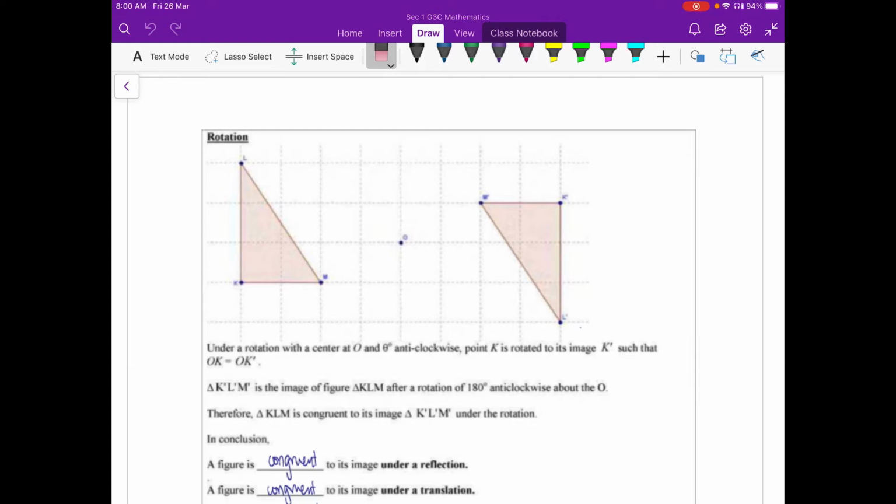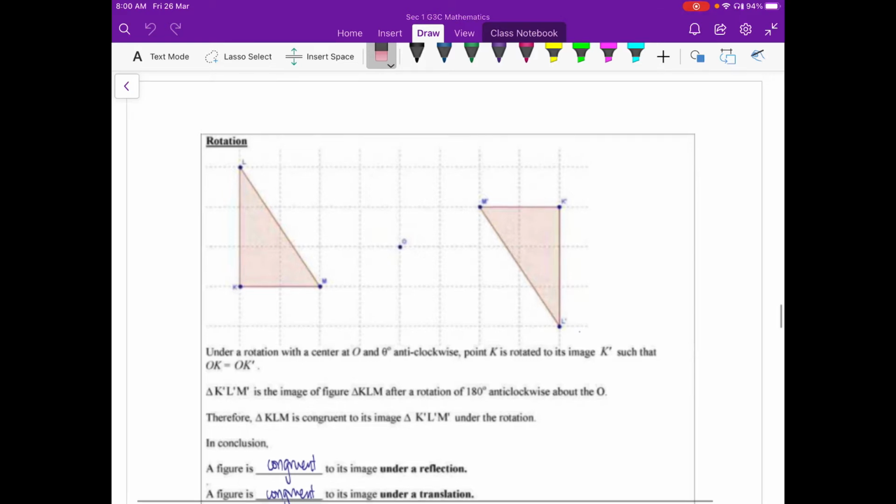So if we were to draw a line, if I'm trying to transform this point M, I want to rotate it 180 degrees anti-clockwise. By the way, 180 degrees anti-clockwise, 180 degrees clockwise, no difference, right? So no difference in this case, but if it is like 70 degrees clockwise versus 70 degrees anti-clockwise, now there is a difference.